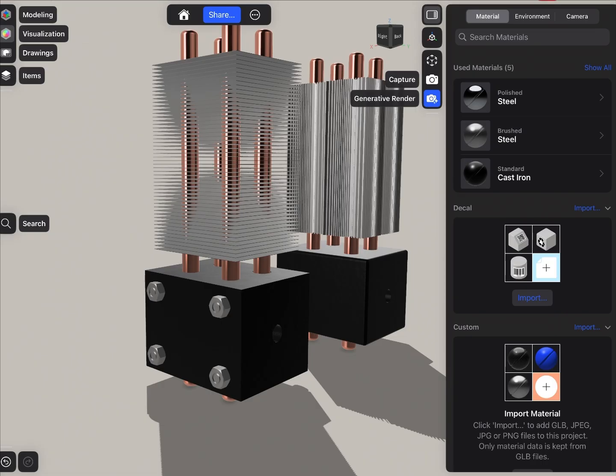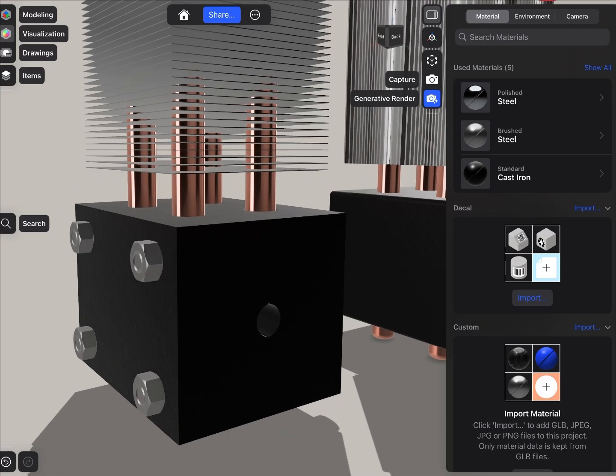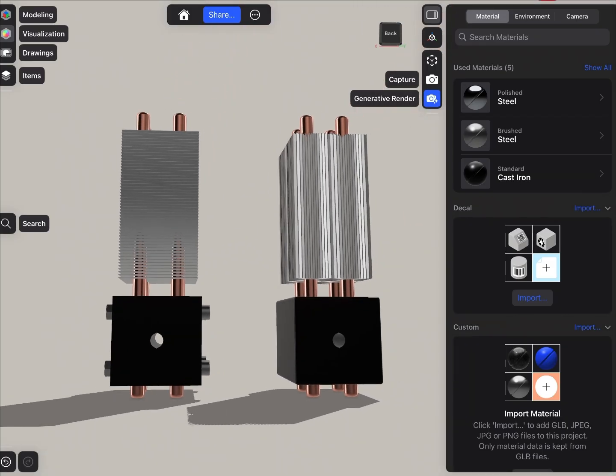It has a machined or cast steel block right here, bolted together, and the cross flow pipe is going to be passed through this hole, I believe.